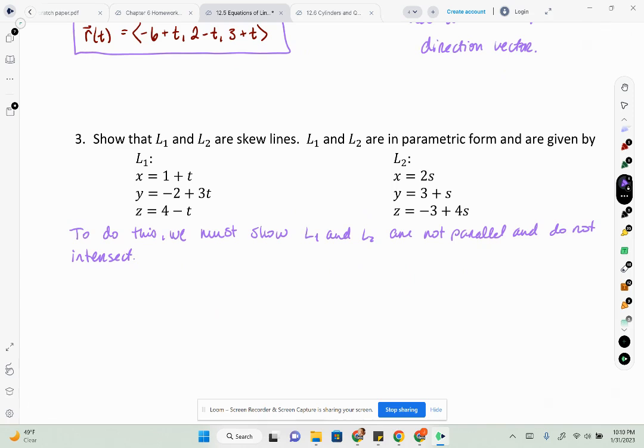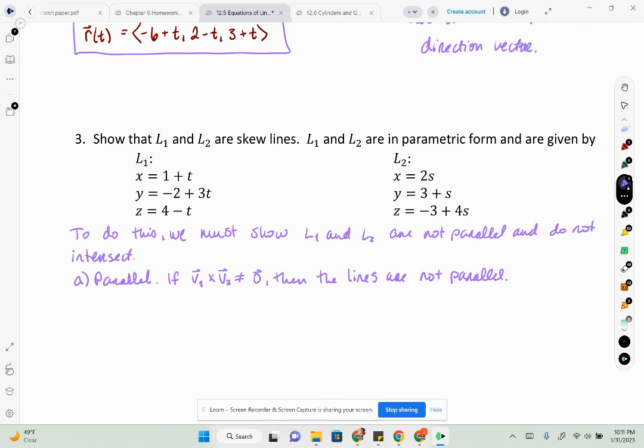So first part is the parallel part. Parallel lines, well, if V1 crossed with V2 does not equal the zero vector, then the lines are not parallel.